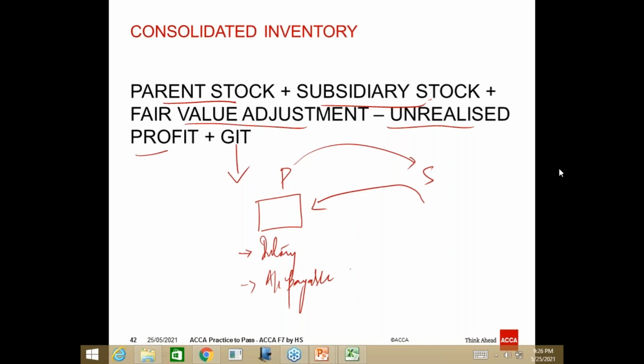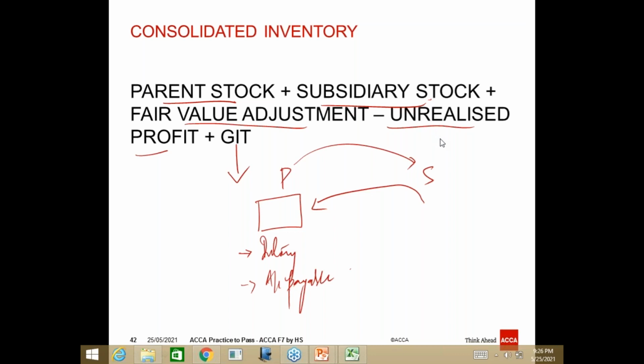What type of fair valuation adjustment may come here? Fair valuation adjustment means, as we had discussed in the last class, that at the date of acquisition, all the assets and liabilities of subsidiary should be measured at the fair value. So there might be a fair valuation adjustment in the inventory at the date of acquisition.